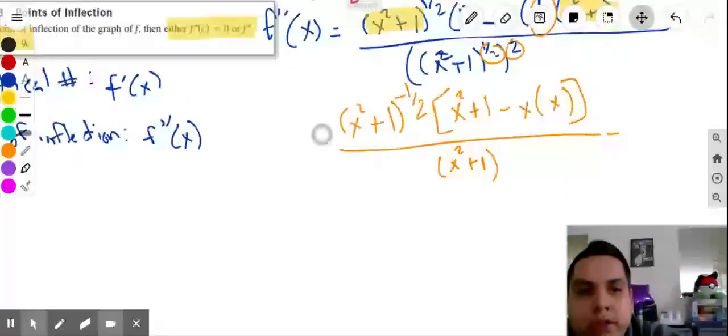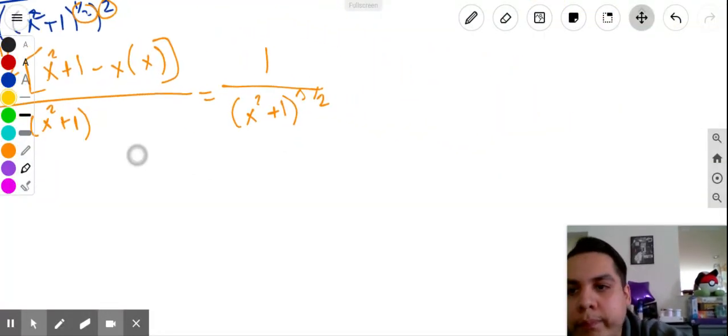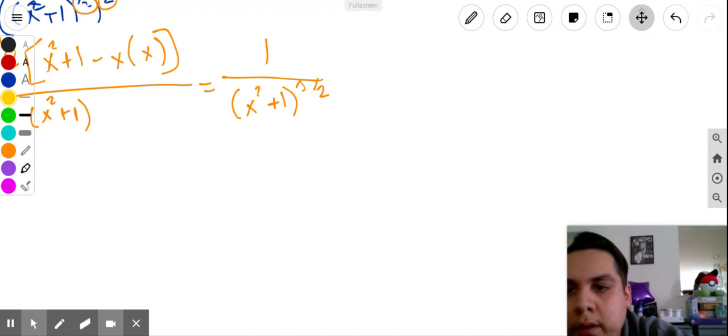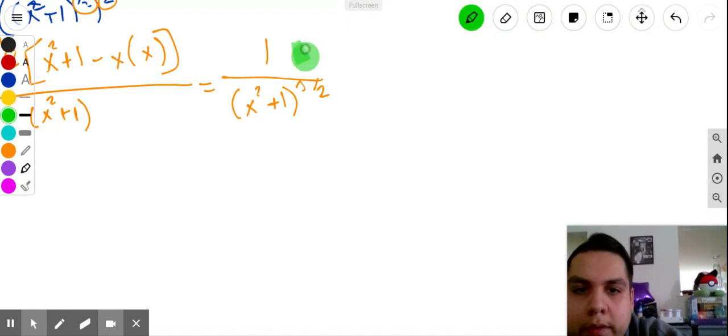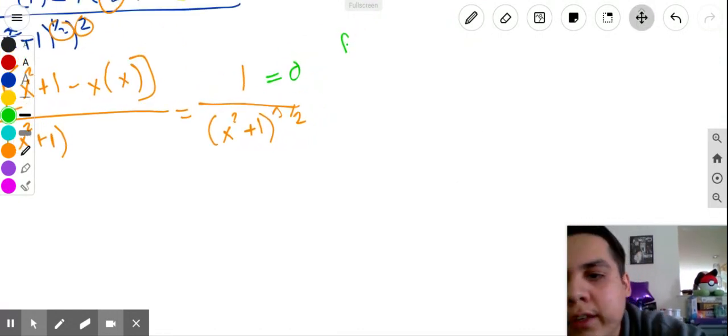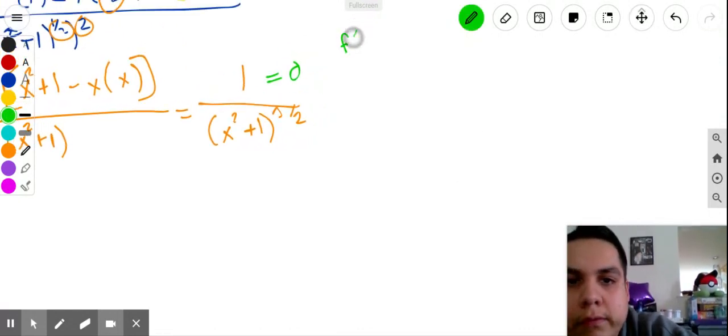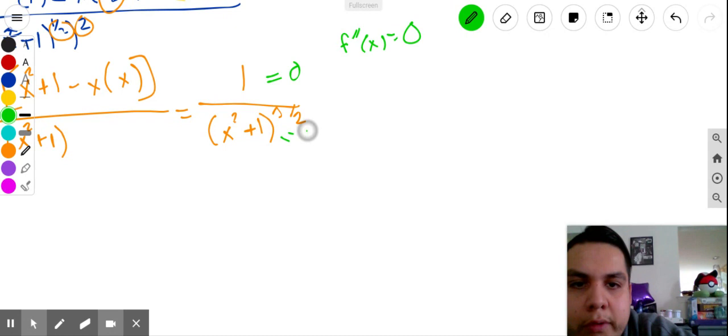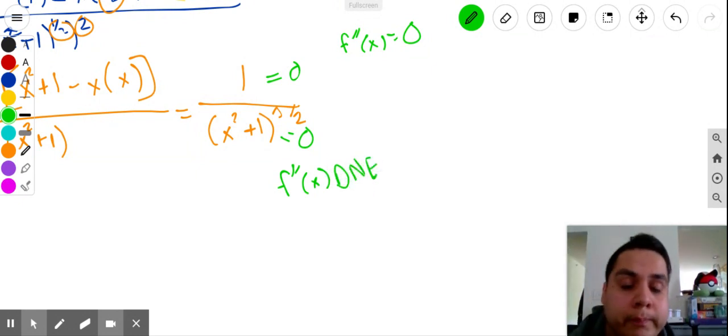So what I usually do with that is I take that to mean this. Set the numerator equal to 0 to figure out when the second derivative will equal 0, and I take the denominator and set it equal to 0 to figure out when the second derivative does not exist.